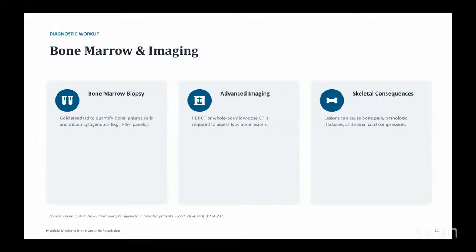Other than the bone marrow biopsy, advanced imaging is also important because lesions that are causing bone pain can lead to pathologic fractures and spinal cord compression. So PET-CT or whole body low-dose CT is also required to assess the lytic bone lesions.